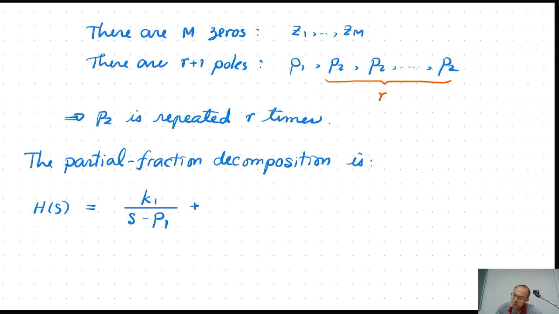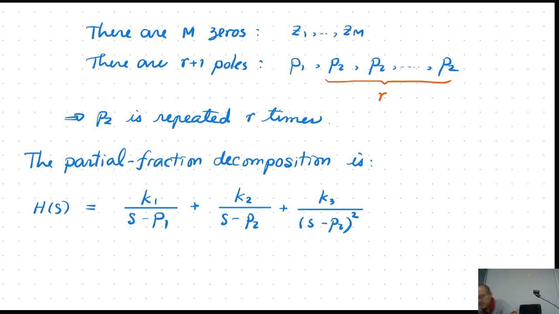The first term is K2 over s minus p2. The second term is K3 over (s minus p2) squared.